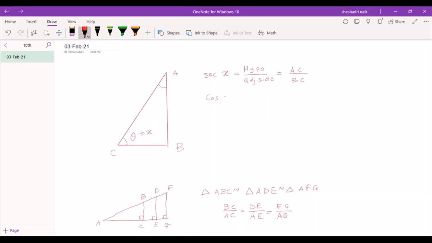Okay. So cos x will be equal to adjacent side upon hypotenuse, which is equal to BC upon AC. Therefore, 1 upon cos x will be equal to AC upon BC. And since these two are the same, I can say that sec x is equal to 1 upon cos x.